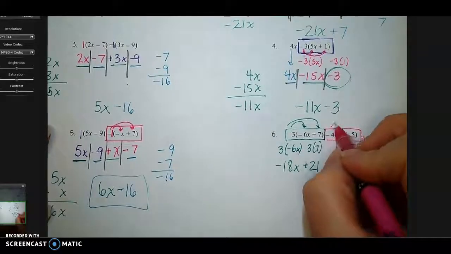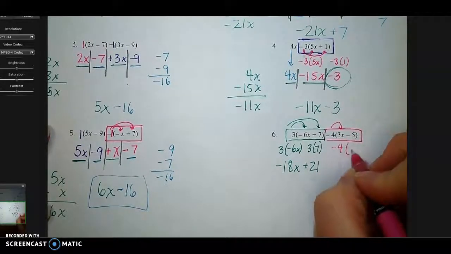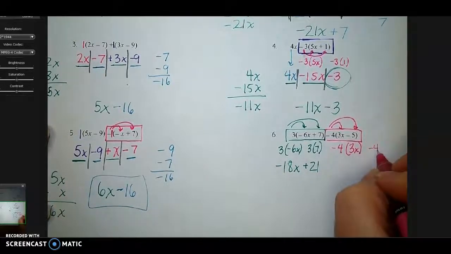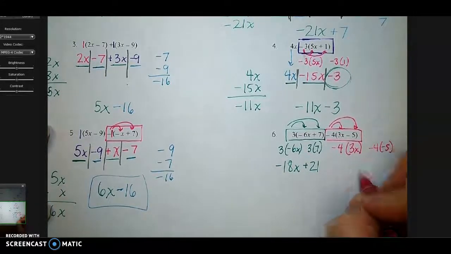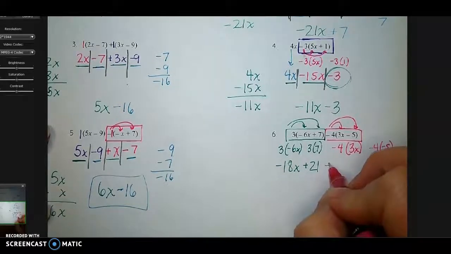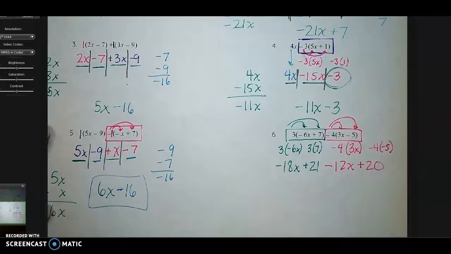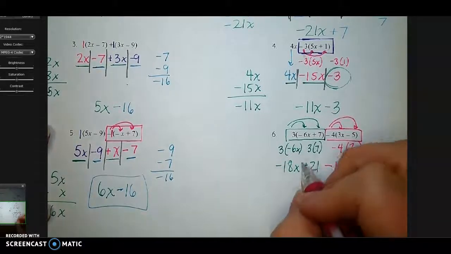I'm going to move back to this one, and I'll have negative 4 times 3x, and I will have negative 4 times negative 5. So I'm going to get a negative 12x, and I'm going to get a positive 20.